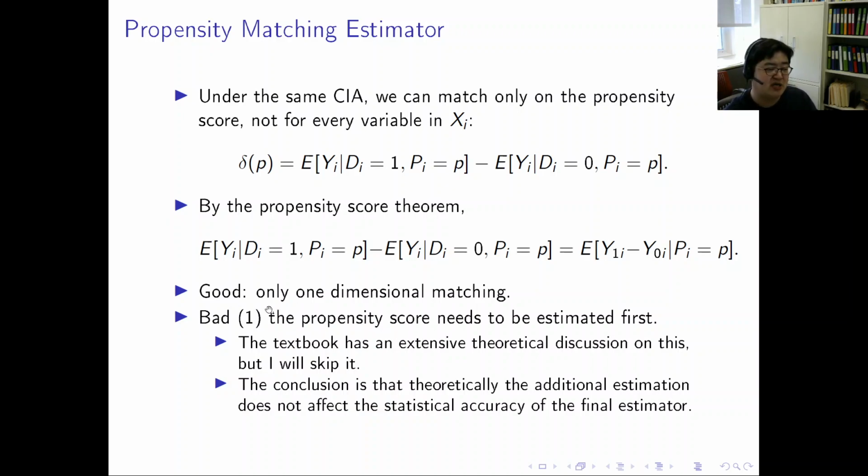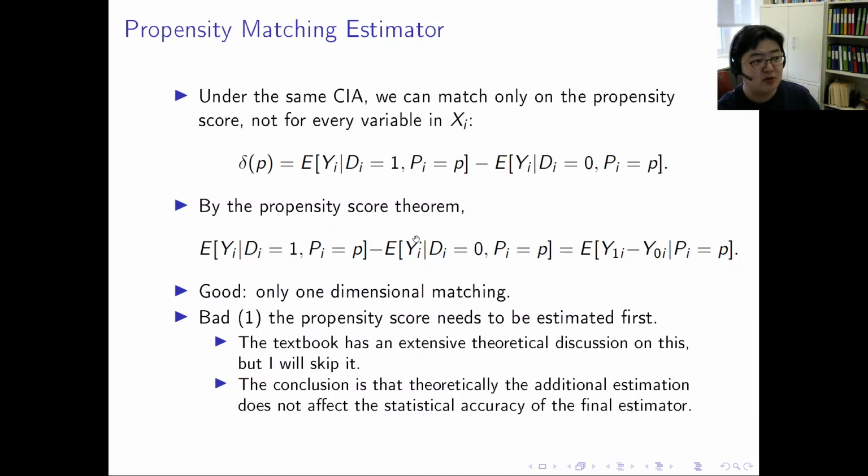We know statistical tools to estimate this, and we can theoretically prove that this estimation does not affect the standard error of our final propensity score matching estimator. So, simply speaking, you don't need to worry about that. This is a potential problem, but not a big problem. So the first problem turns out to be not a big problem.